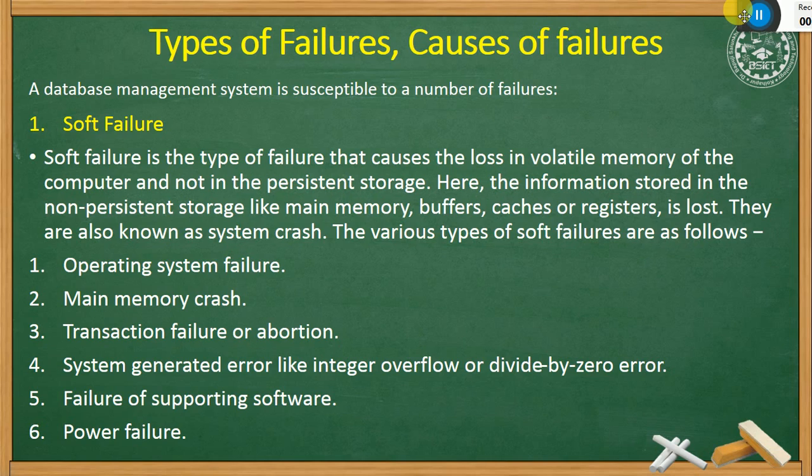The software is nothing but the database management system, which interacts with the physical data stored in the secondary storage and an end user who is accessing that data. If that DBMS system crashes, then we cannot access that data.